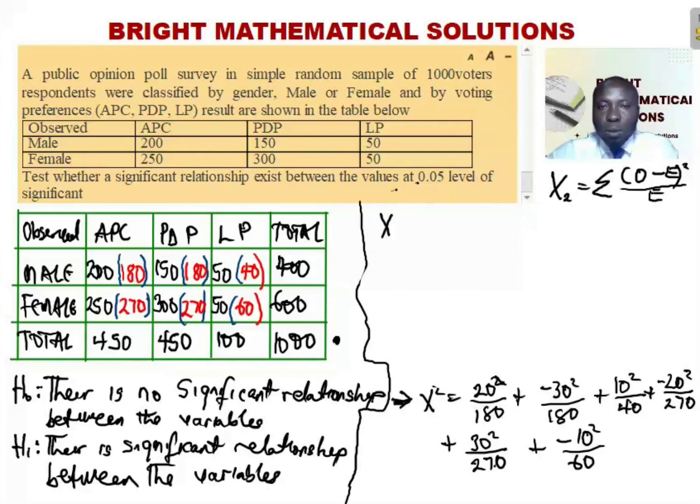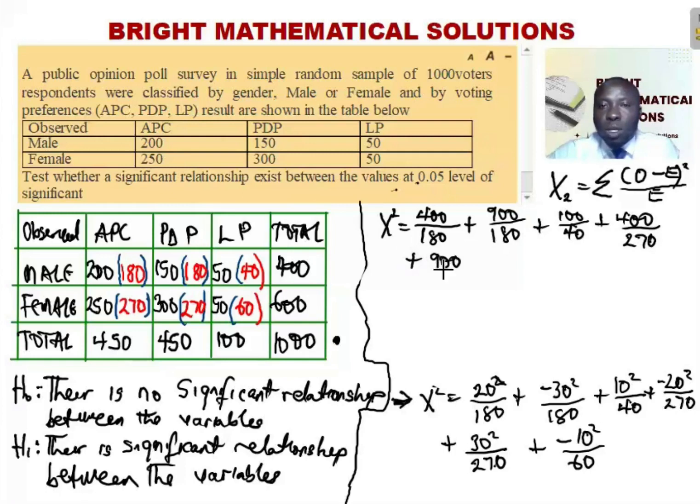So chi-square now equals, this is 20 raised to the power 2, that is 400 divided by 180 plus 30 raised to the power 2, that gives us 900 divided by 180 plus the next one, this is 100 divided by 40 plus 400 divided by 270 plus 900 divided by 270 and plus 100 divided by 60.